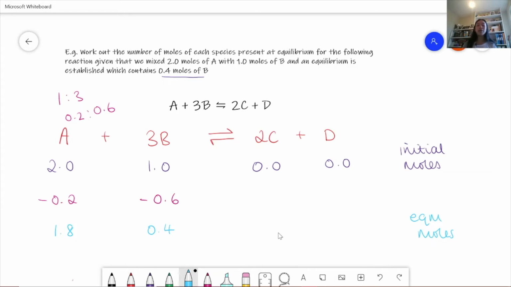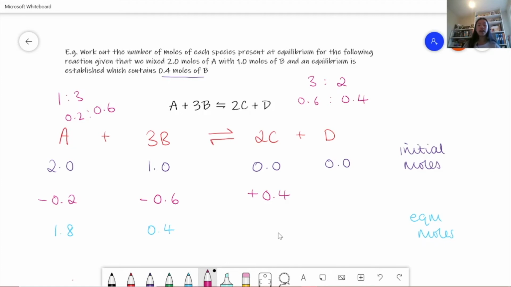However, you need to remember that if the reactants lose moles, then that means that the products will gain moles. And the other way around, if the reactants gain moles, then the products will lose moles. So you do the same thing with the ratios. So now you look at the ratio between B and C. I can see that I've got a 3 to 2 ratio, and B loses 0.6, and so C should gain 0.4 moles.